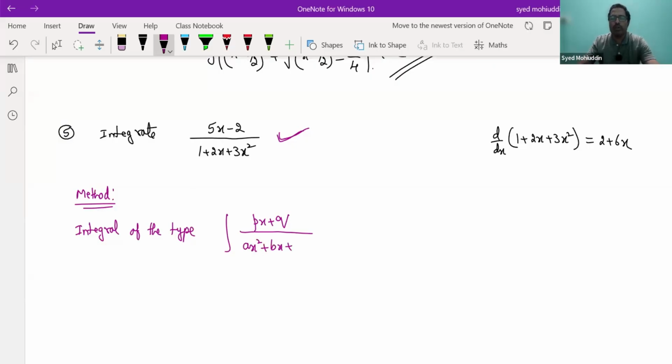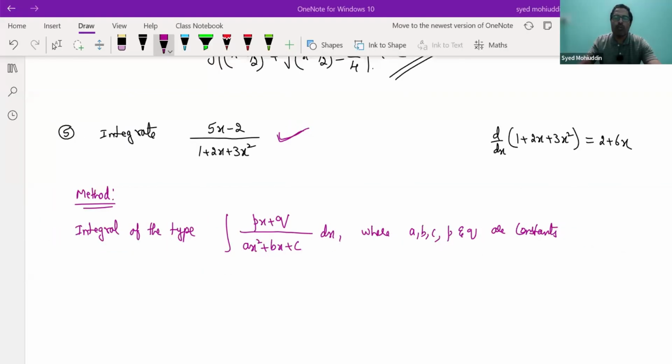When you have an expression of this form, where a, b, c, p and q are all constant values, it can be 1, 2, 3, minus 1, minus 2, any of the values. Then in that case, we can write down the numerator value.